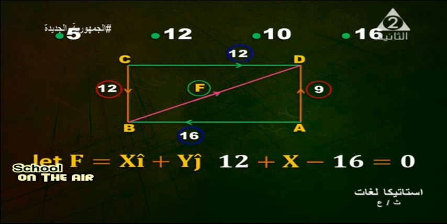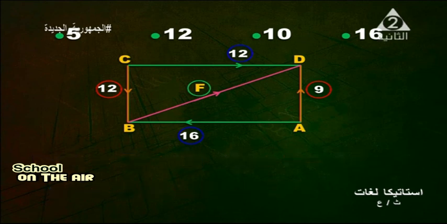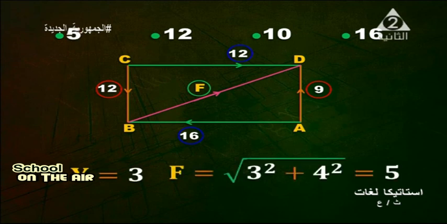Therefore, we have 12 plus x negative 16 must be equal 0, x equals 4. 9 plus y minus 12 equals 0. Therefore, y equals 3. By using 3 power 2, 4 power 2, or x power 2 plus y power 2 under square root equals 5.